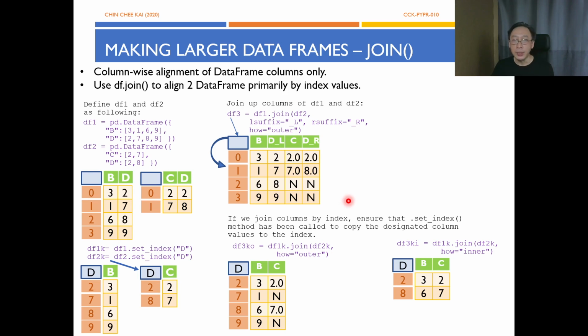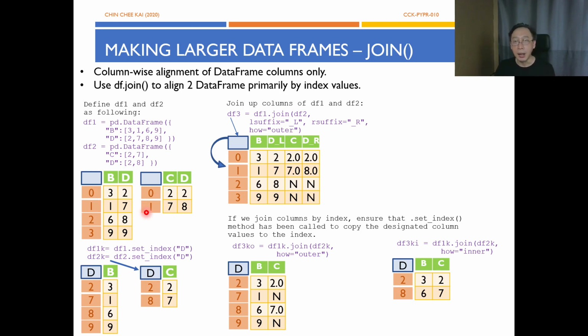When we join the columns by index, we need to make sure that the index values here are saying what we want to say, because join is sensitive to the index values.